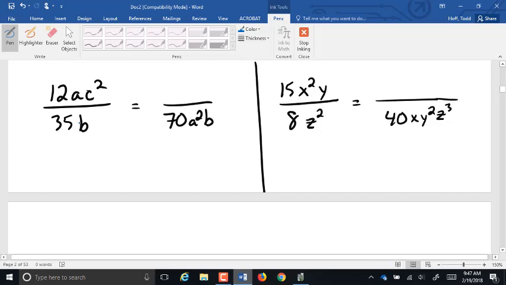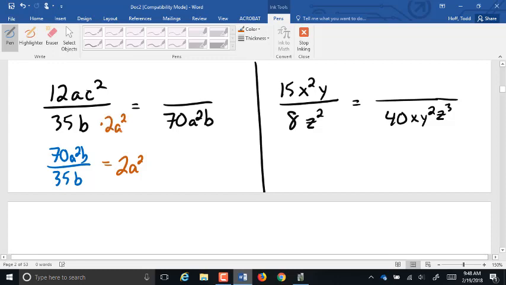Okay, so for the first one here, do 70a squared b divided by 35b. We divide that out, what do we get? 70 divided by 35 is 2, a squared divided by nothing is a squared, and b divided by b cancels out.